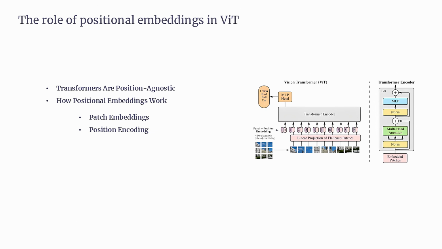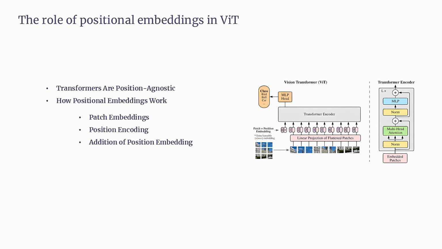This position encoding is essentially a vector that represents where the patch is in the image, like coordinates in a two-dimensional grid. 3. Addition of position embedding. The patch embedding and position encoding are combined, added together, and this enriched embedding is passed through the transformer. As a result, each patch embedding now contains both content and spatial information.